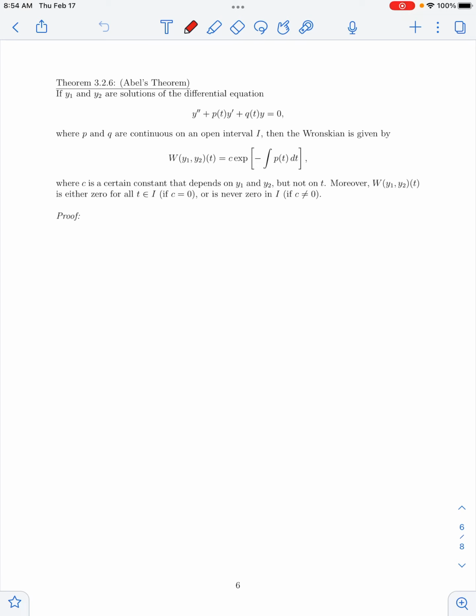This is theorem 3.2.6 from your textbook, and this result is known as Abel's theorem. And here's what it says.